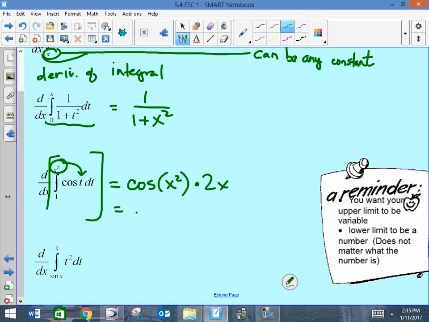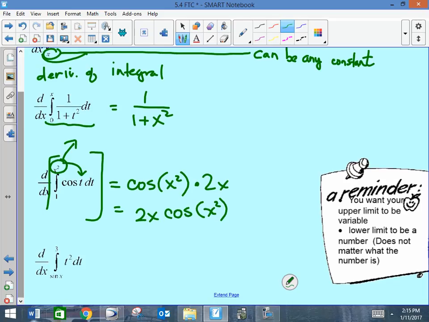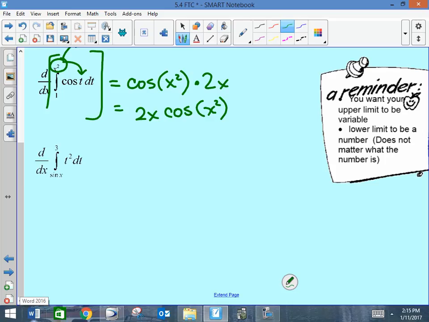That's a chain rule. I'm going to put that out front: 2x cosine of x squared. So when you have something other than a single variable there, you have to use the chain rule.